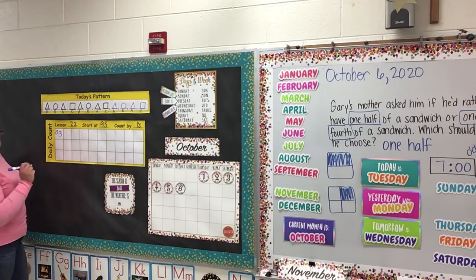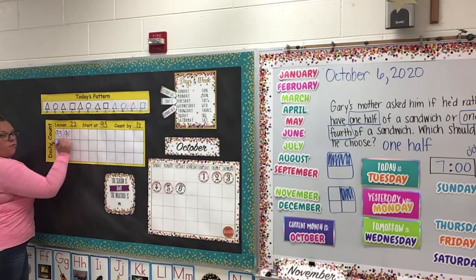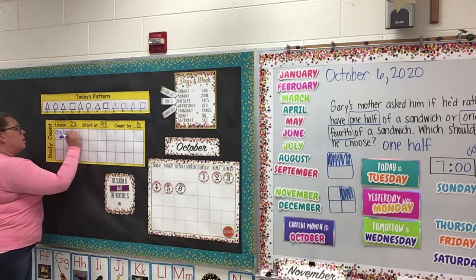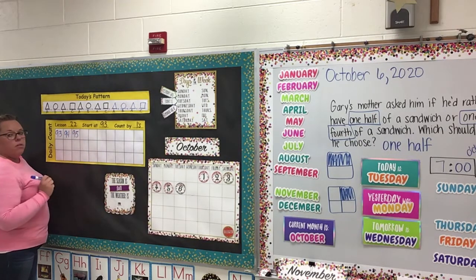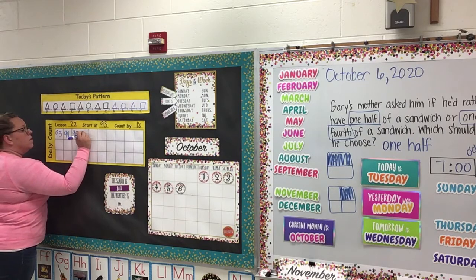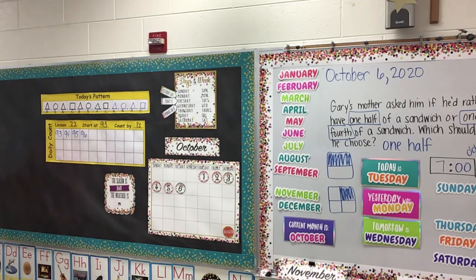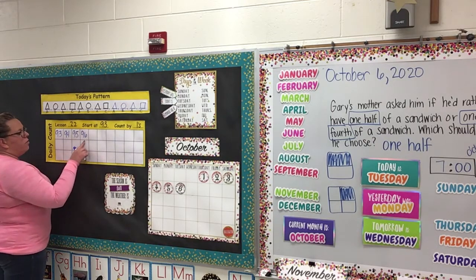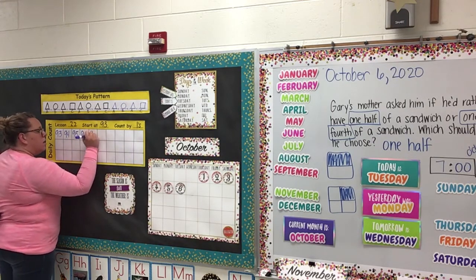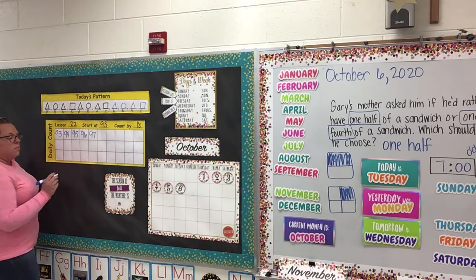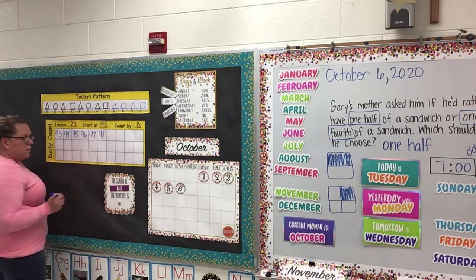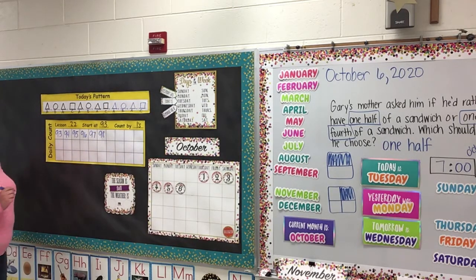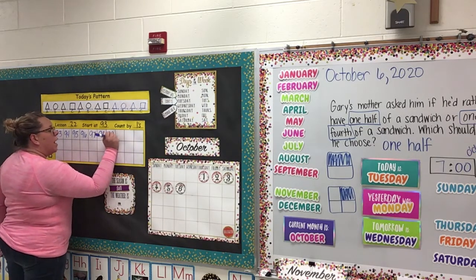93, 94, 95, 96. Do you have those done? 93, 94, 95, 96, 97, 98, 99.